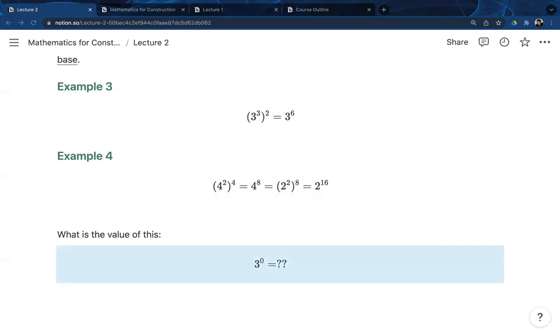What is 3 to the power 0? I mean, that makes sense what it is, but what do you all know it's supposed to be from your math education before? You have a finite number raised to the power 0. What is the answer? Anybody knows?